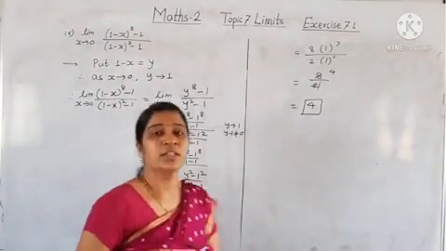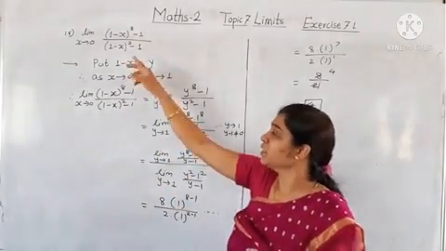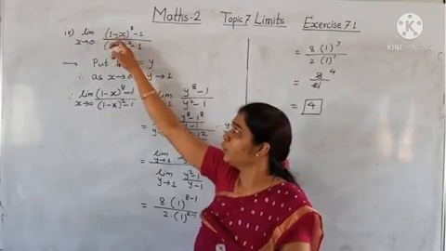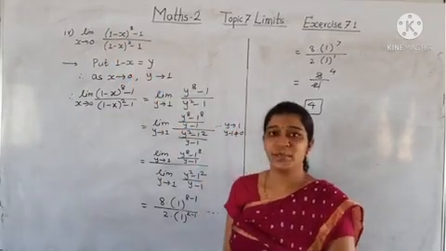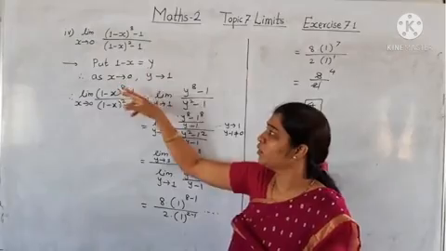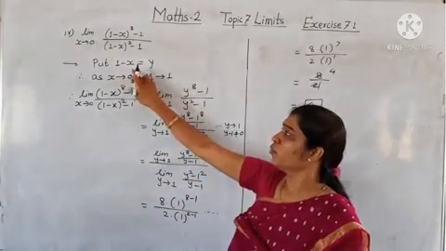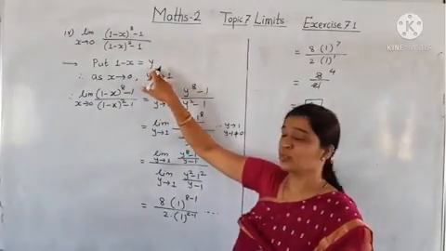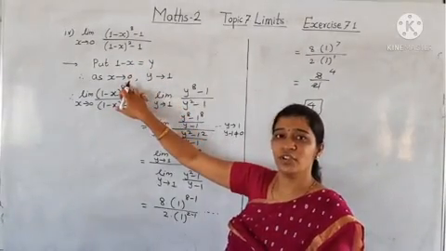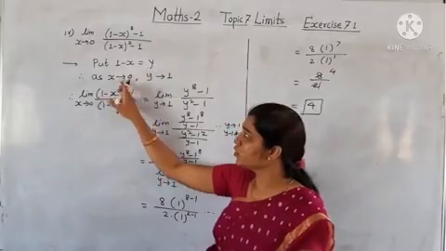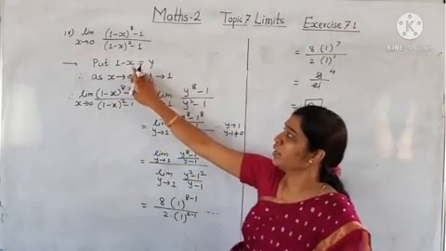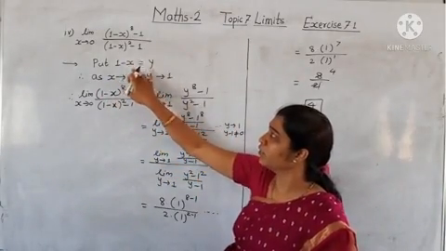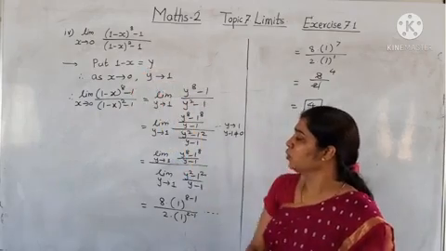Okay, students, in this one we observe that in both numerator and denominator 1 minus x is the same, so put 1 minus x equal to y. So we change the variable x in terms of y, and here we change the limits also. Limit x tends to 0, then if we put the x value 0, what is the value of y? It is 1, y tends to 1.